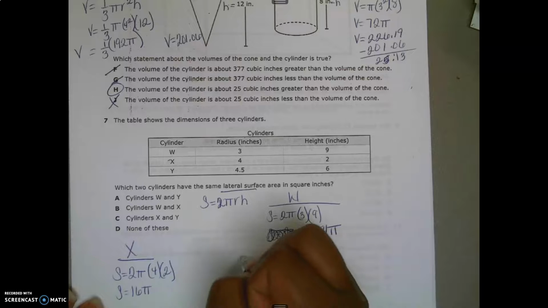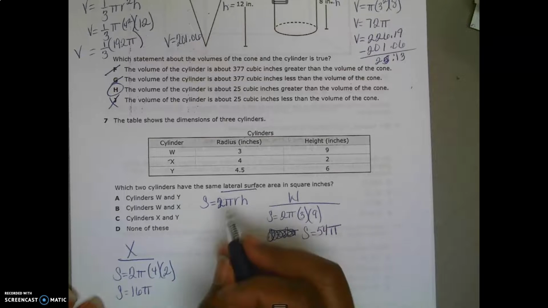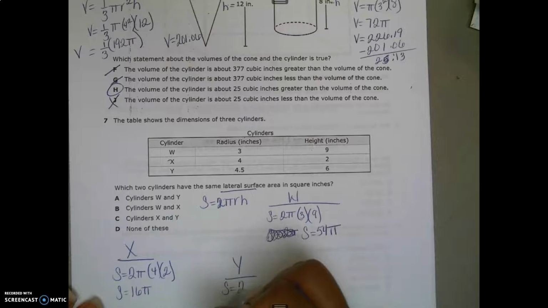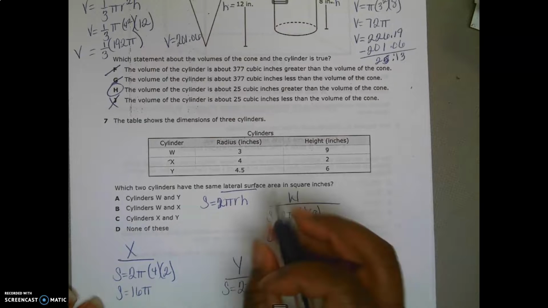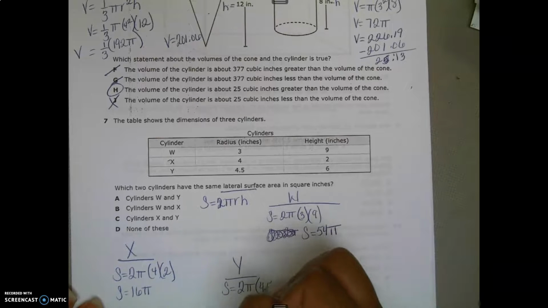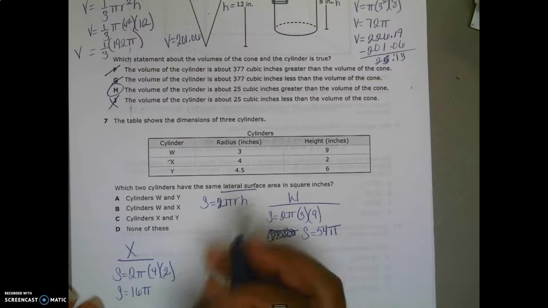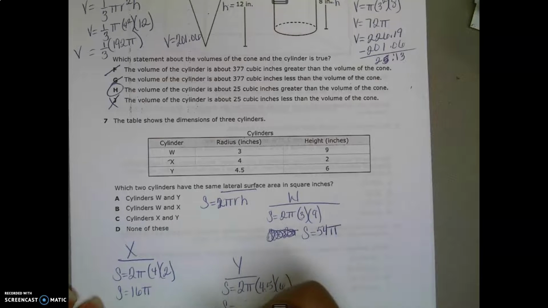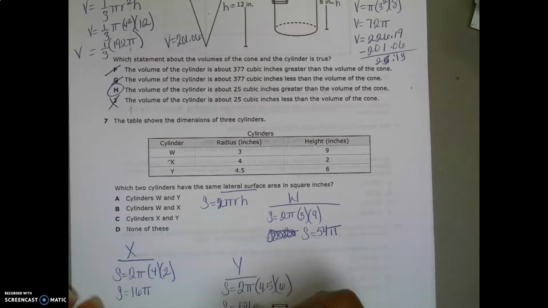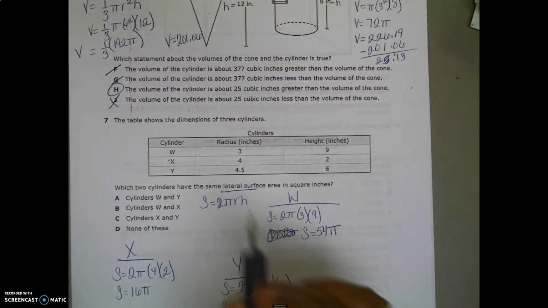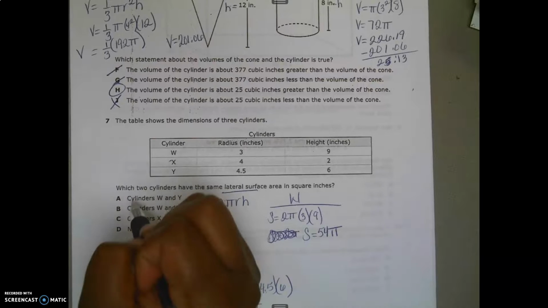And then cylinder Y, you get surface area is 2 times pi times 4.5 times 6. I just multiply these three numbers and you get 54 pi. So your answer choice would be A.